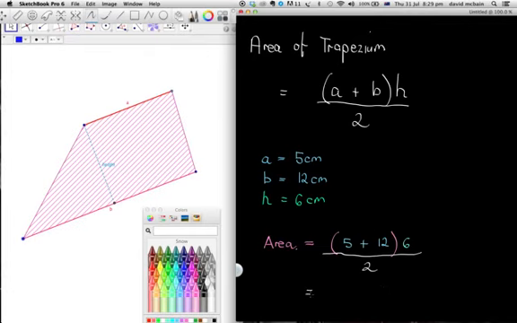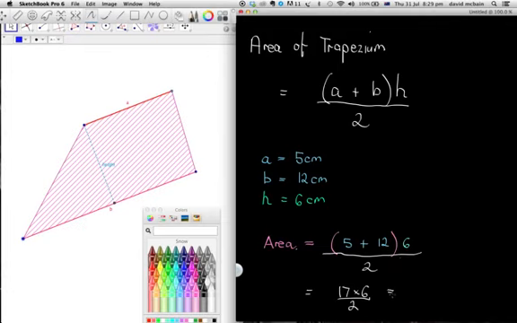So if we work this out, it's going to be 5 plus 12, which is 17. So it's going to be 17 times 6 divided by 2. Well, 6 divided by 2 is 3, and 3 times 17 is 51.